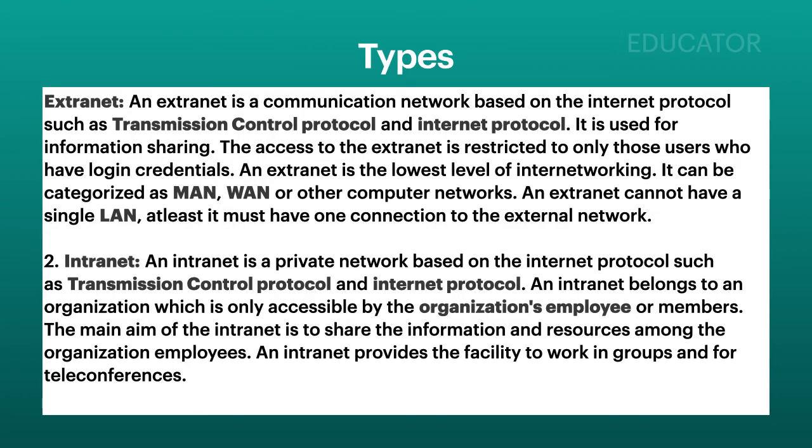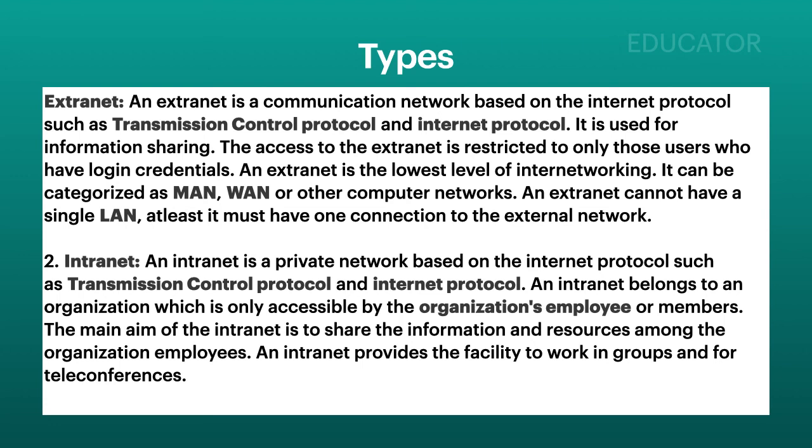So when we discuss internetwork, we get its types, that is extranet and intranet. The extranet is a computer communications network based on the internet protocol such as Transmission Control Protocol, TCP. We will discuss internet protocol IP some other day. But at this time, you can simply say extranet is the lowest level of internetworking.